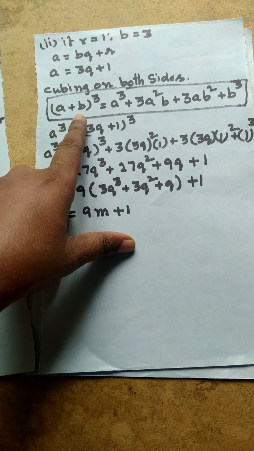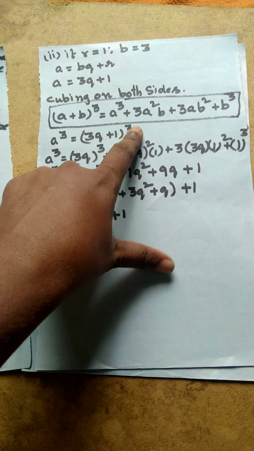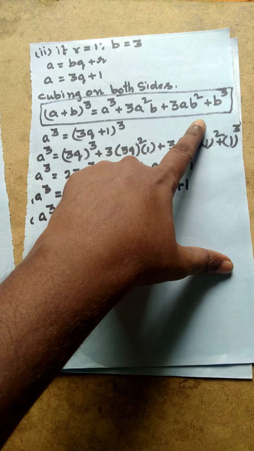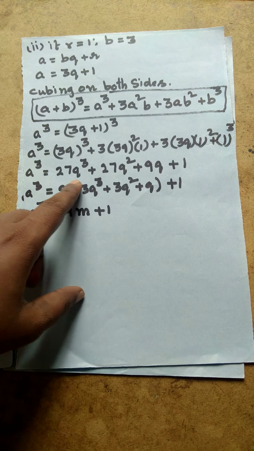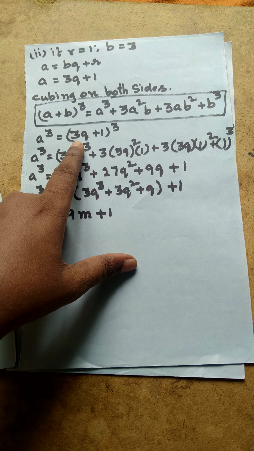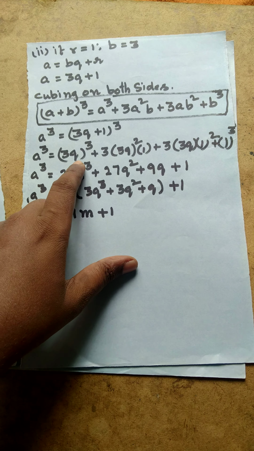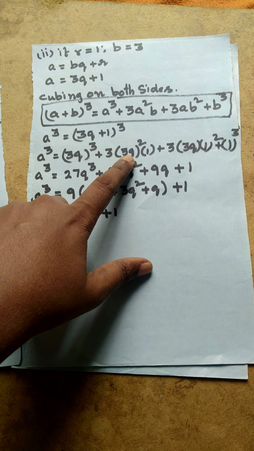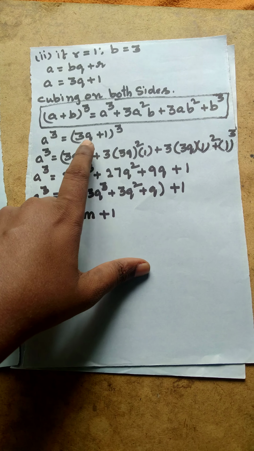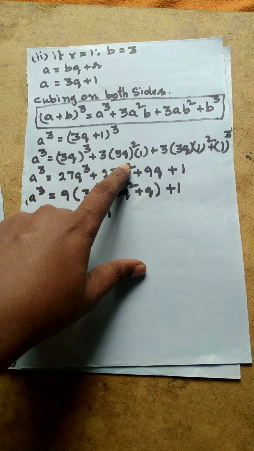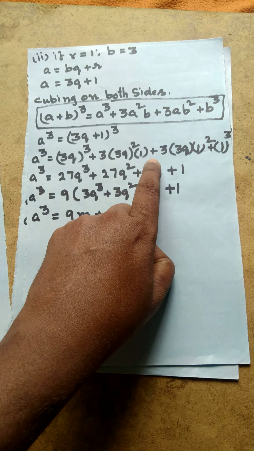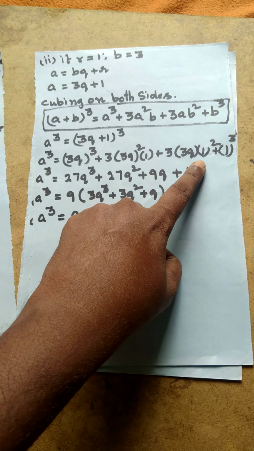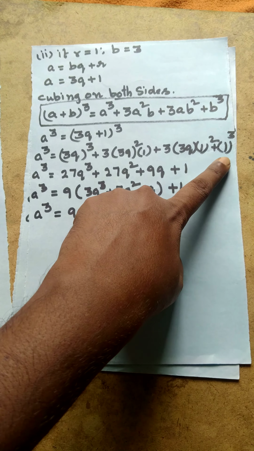The formula for a plus b whole cube is a cube plus 3a square b plus 3ab square plus b cube. So a cube is 3q whole cube plus 3 a square b, where a is 3q and b is 1, plus 3ab square, with a as 3q and b as 1, plus b cube, which is 1.